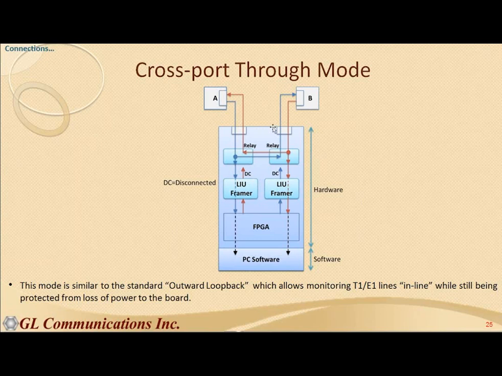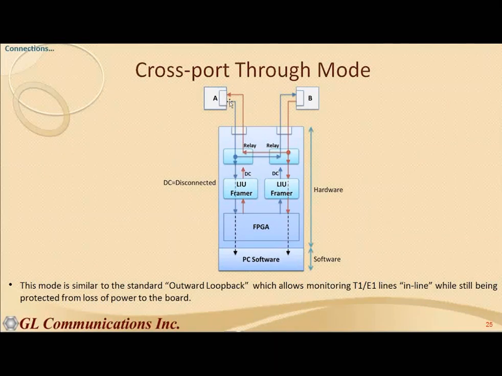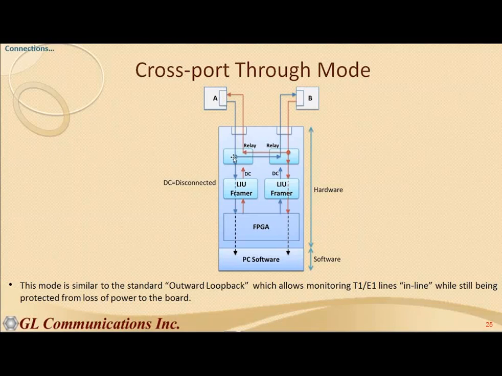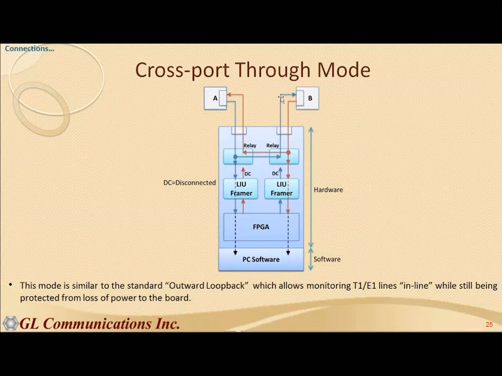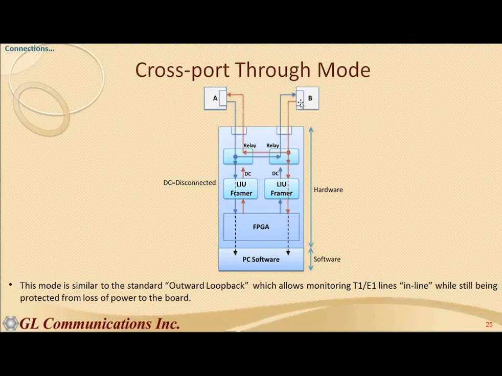So what happens is this signal from A comes down, goes across, and to B. And the B signal comes down, across, over to A. So A is still talking to B.